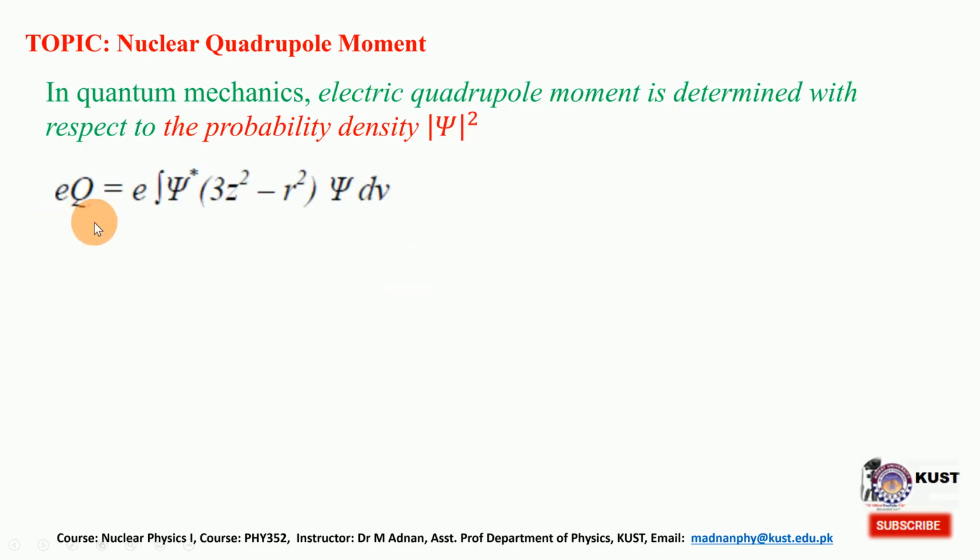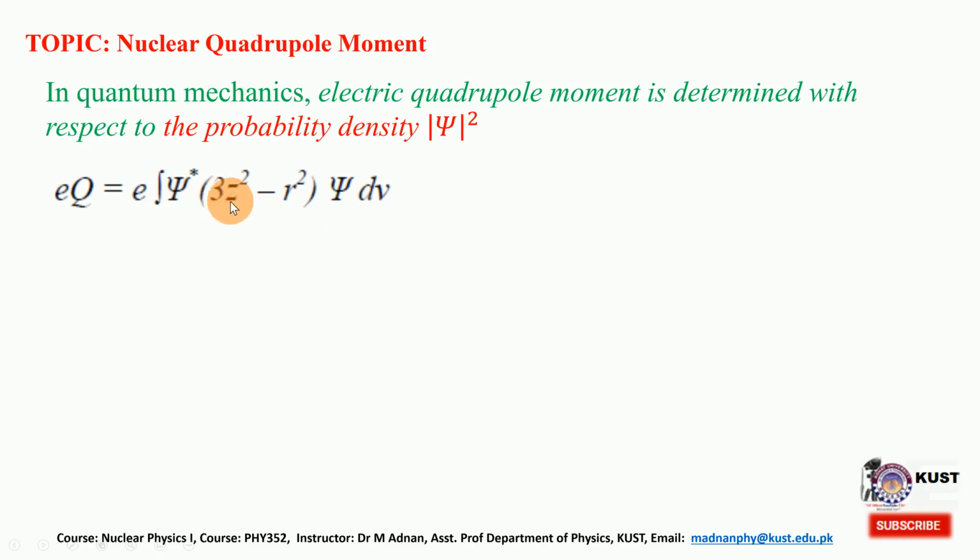Now, if you remember the previous discussion, this eQ is the quadrupole moment, where e is the charge on the proton if we are talking about the nucleus, and Q is related or equal to this expression.